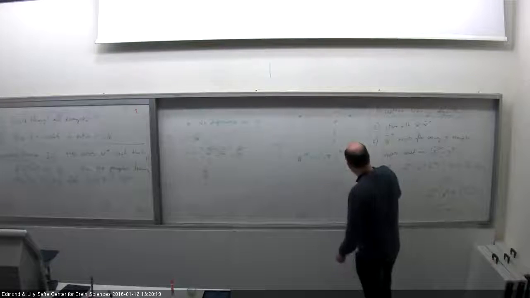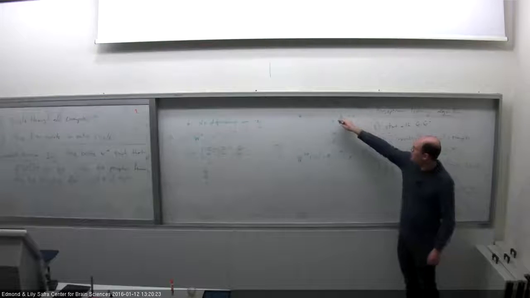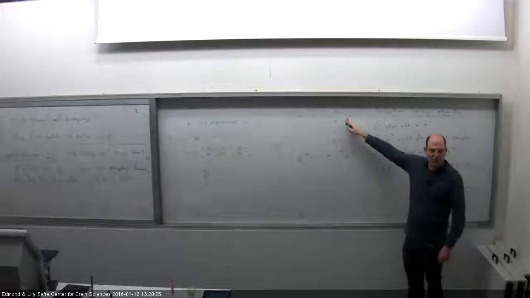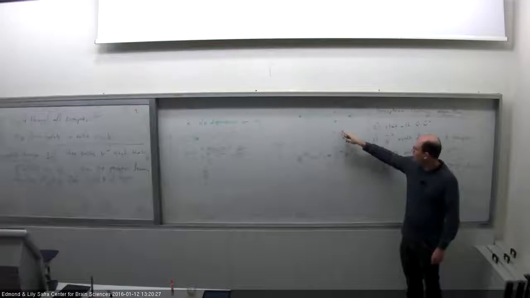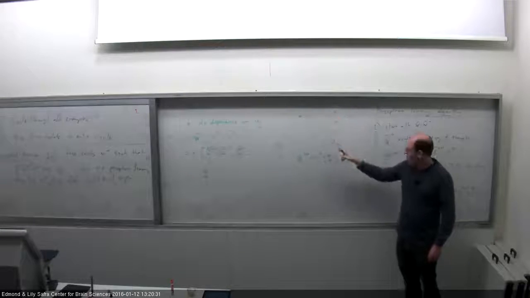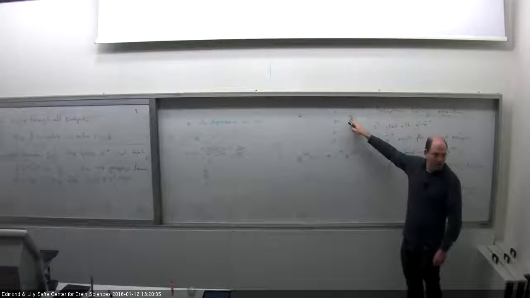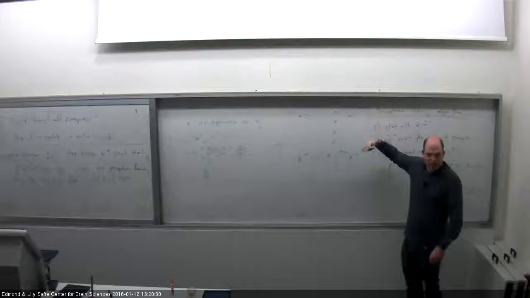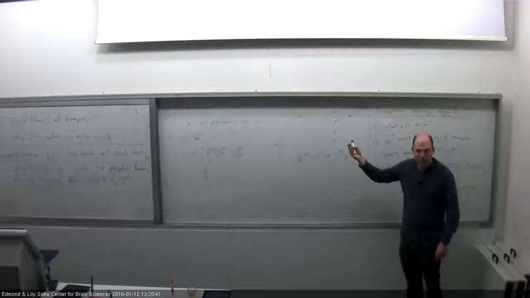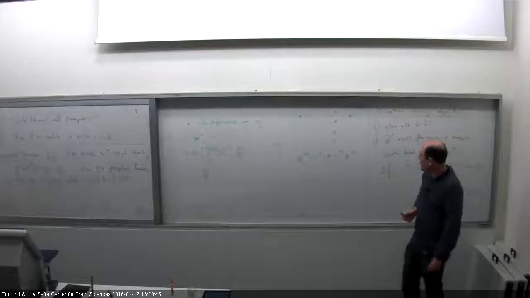So what does this mean? It means that the update to the synapse from this neuron to this neuron is proportional to the activity of this neuron, right? It's also proportional to the output. So it's proportional to the activity of the input neuron and the activity of the output neuron.